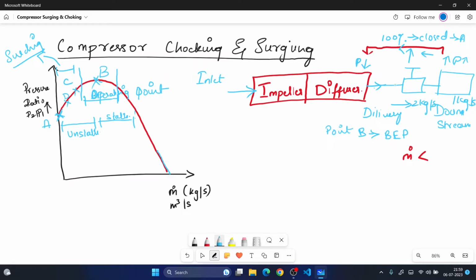Okay, so now let us define. After understanding this, we have understood what exactly surging is. So now let us define it.